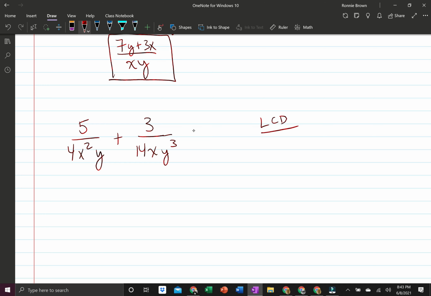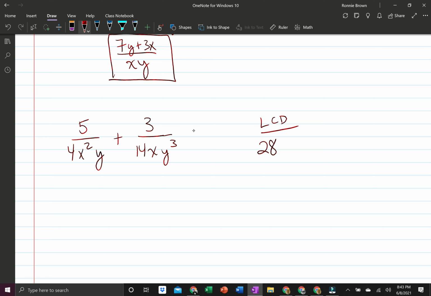Well, the numbers 4 and 14 have an LCD. The smallest number that 4 and 14 can both evenly go into is 28, right? 4 goes into 28, 14 goes into 28. 28 is the smallest possible number that they can both go into evenly.